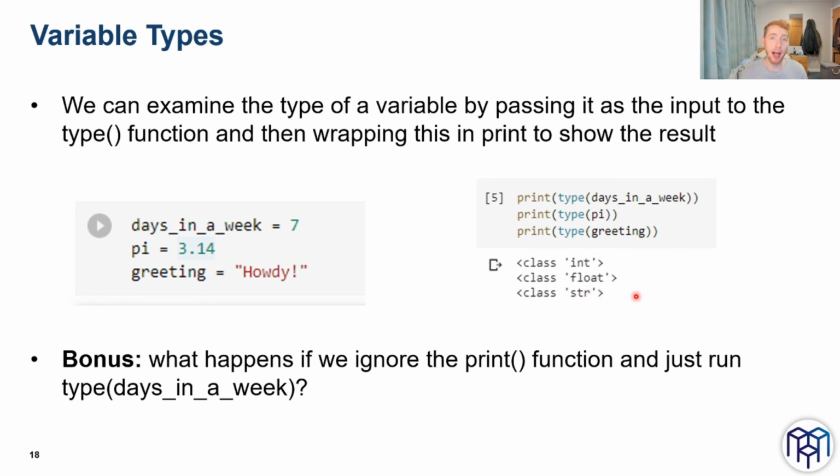And generally, Python will get these right, but it's good to be able to check just in case. And so it's worth mentioning, we could have also just put the number 7 in here. So what is the type of 7? That would have worked fine and given the same answer. Because when Python sees this, it replaces days in a week with whatever value it has. So essentially, the type is actually the type of the data, not the variable itself, but you can use those 2 things synonymously.